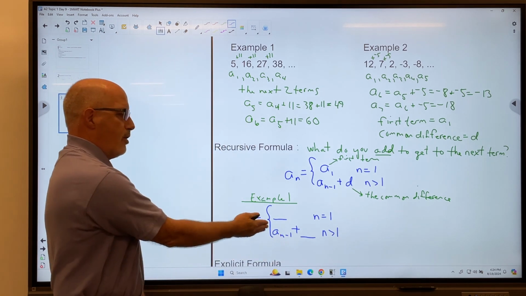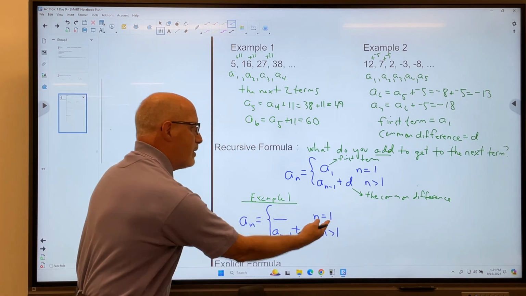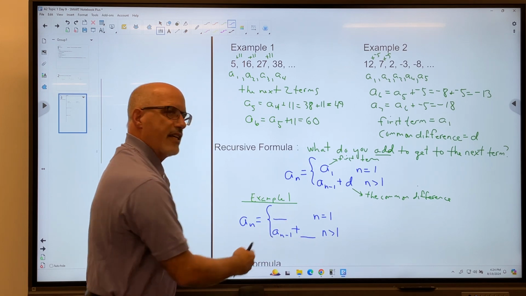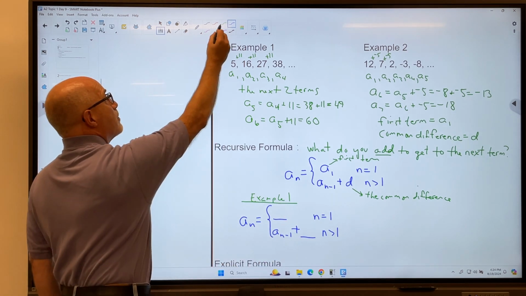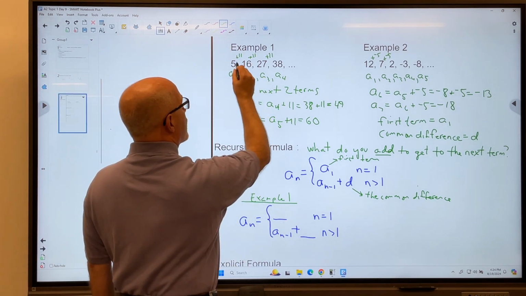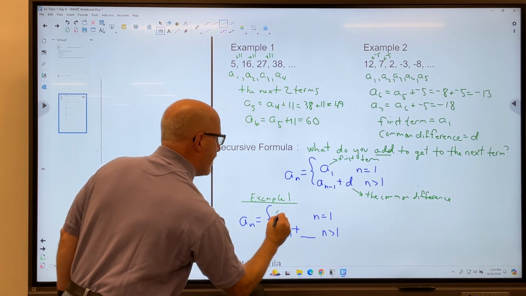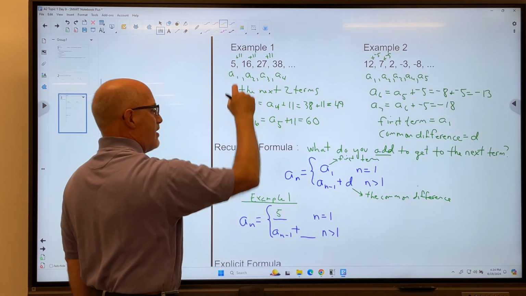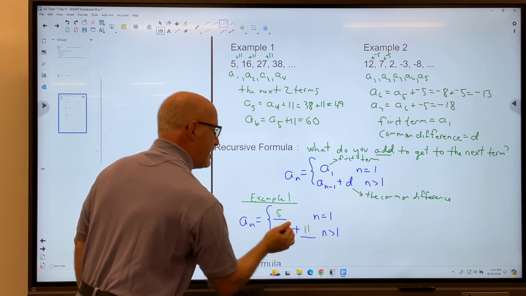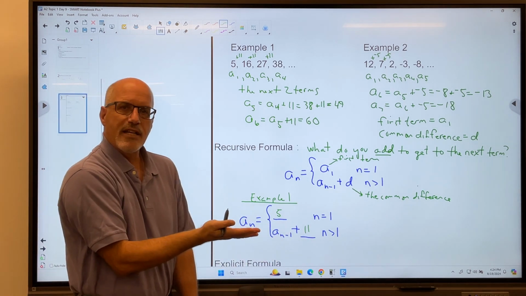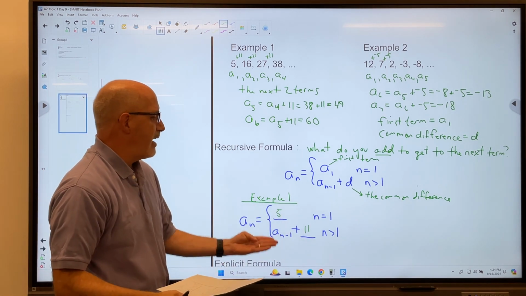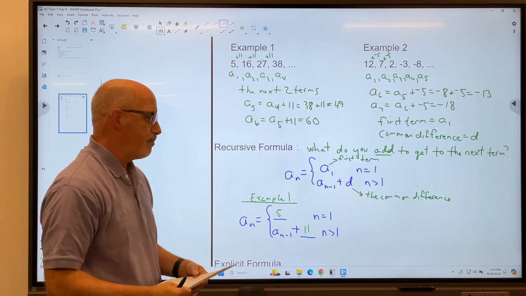So the formula is always going to look like this, just filling in those two blanks. I know what the first term is here. The first term is 5, and my common difference is 11. So this is the recursive formula. It tells me start with 5, add 11 to get to the next term.